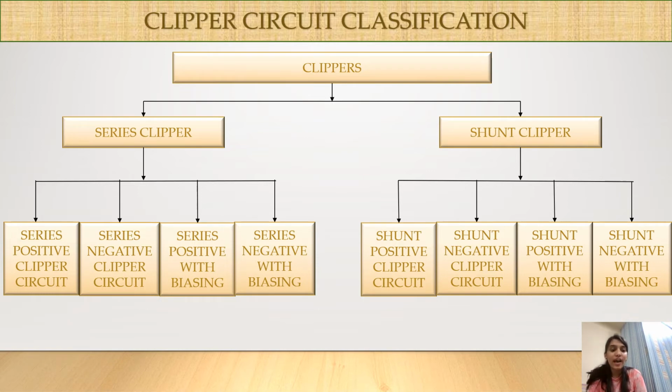Now the last one is the shunt negative clipper with bias. In this, positive or negative biasing is used by connecting a battery source in one of the two ways, called positive biasing and negative biasing. The waveform can be modified by varying the voltage of the battery.